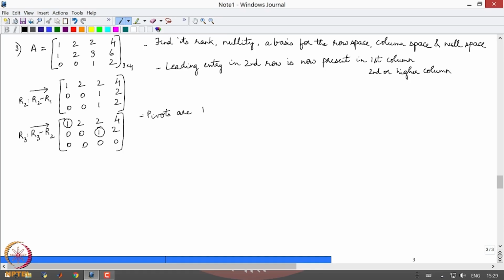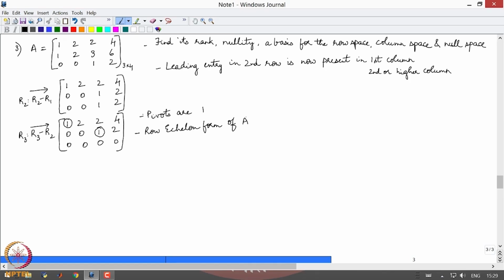So, that is also satisfied, and any 0 rows are always present at the bottommost. So, that is also being satisfied. So, now I can say that this is a row echelon form of given matrix A.